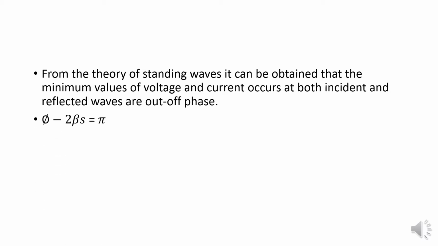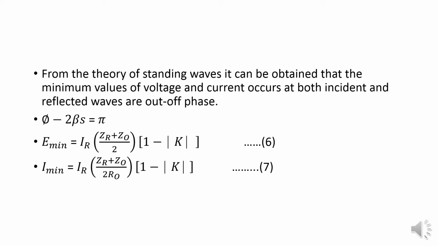Substituting this in the voltage and current equations, we get the minimum voltage as IR into (ZR plus Z0) divided by 2 into (1 minus modulus of K). This is equation 6. Then I minimum will be equal to IR into (ZR plus Z0) divided by 2 R naught into (1 plus modulus of K). This is equation 7.